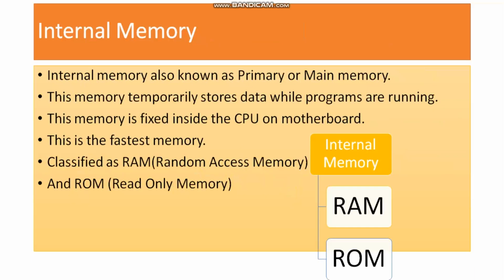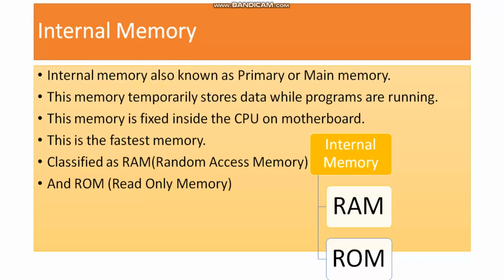Let us discuss in detail what internal memory is. Internal memory has two more names: primary memory or main memory. Internal memory stores data temporarily. Temporarily means that it stays for some time, not for long.